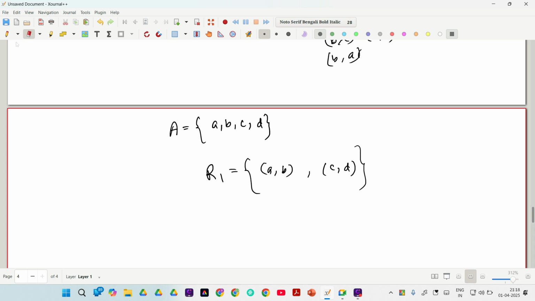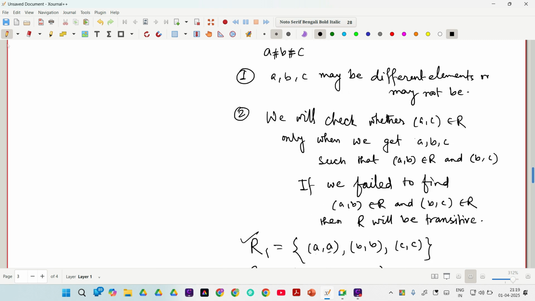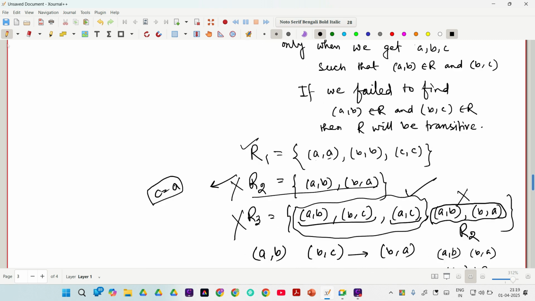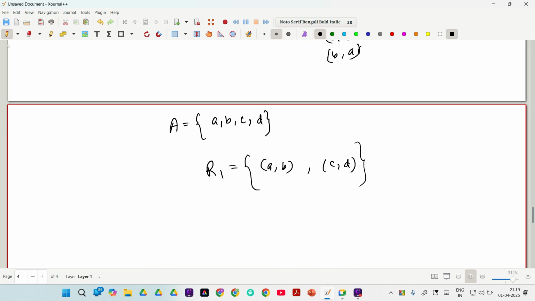Now tell me, is this relation transitive? This is the application of the second note. Yes, this is the application of the second note. It cannot be done with three elements. It can be done with four elements. Tell me whether this is transitive or not.